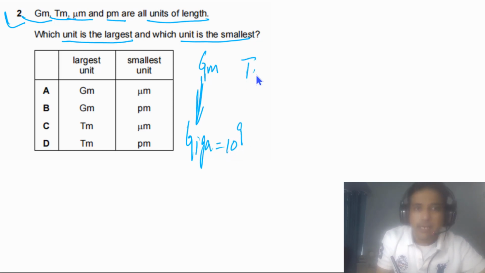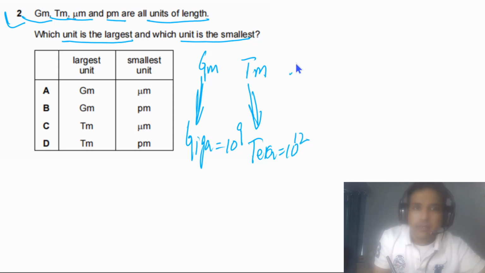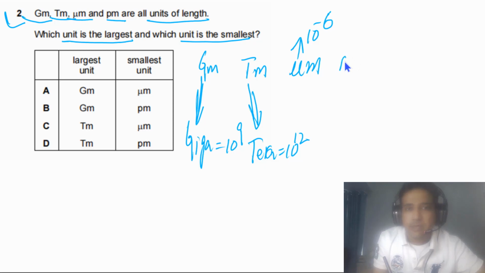Next one we have Tm, meaning terameter, and T is representing tera, and 1 tera is equal to 10 to 12. Next one we have micrometer, and mu is representing 10 to -6. Next one we have pm, and p is representing pico, 10 to -12.